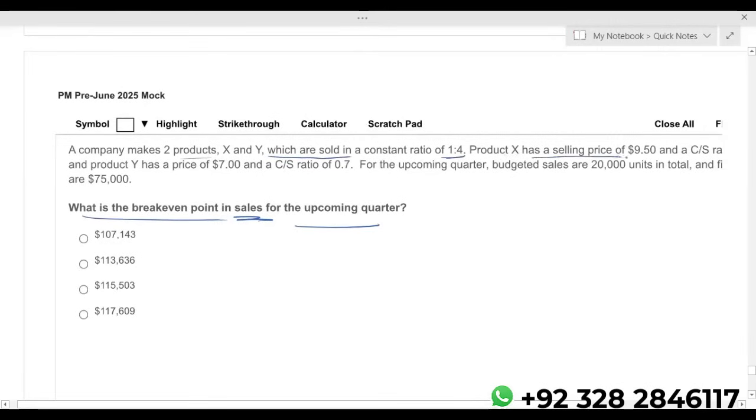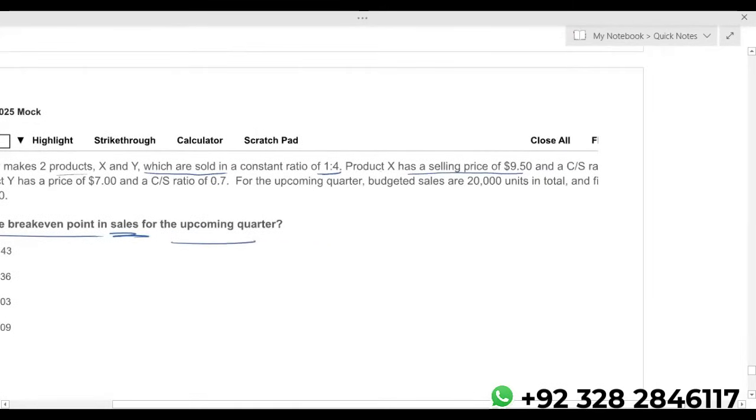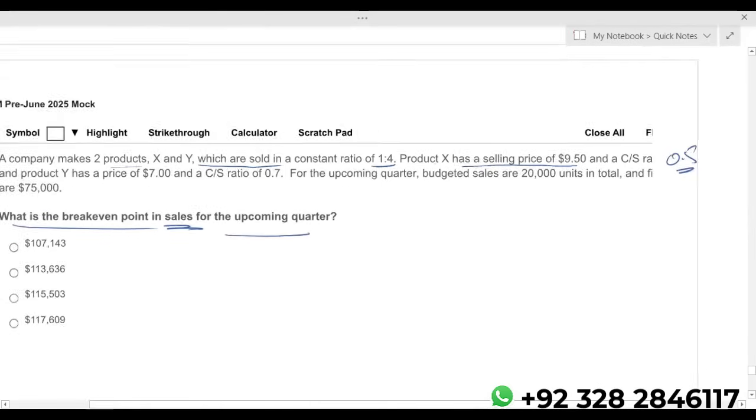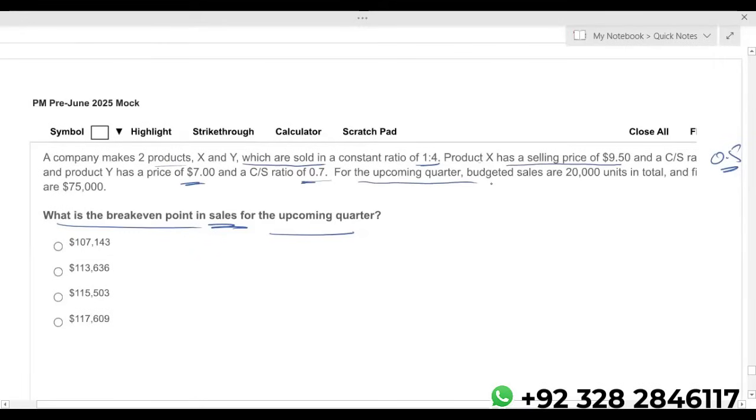Product X has a selling price 9.5, CS ratio is 0.5, and product Y is having a price 7, CS ratio is 0.7. For the upcoming quarter, budgeted sales are 20,000 units in total, and fixed cost is 75,000.